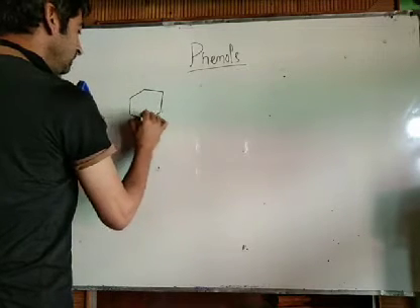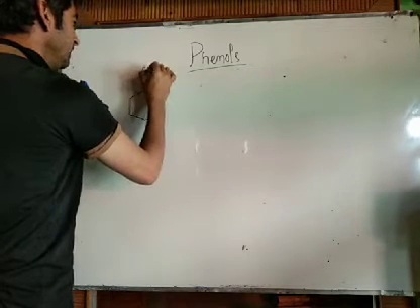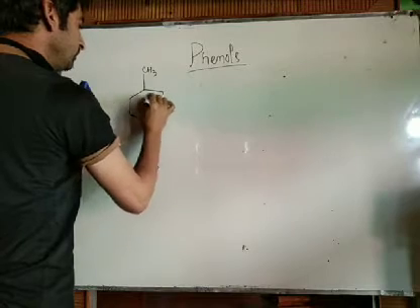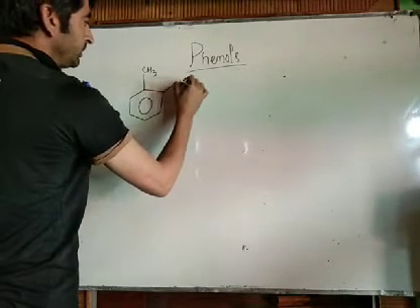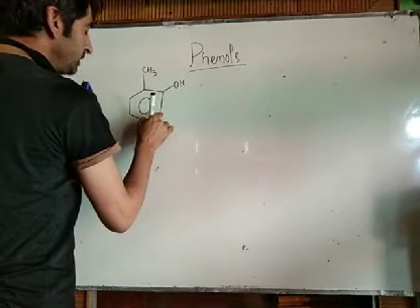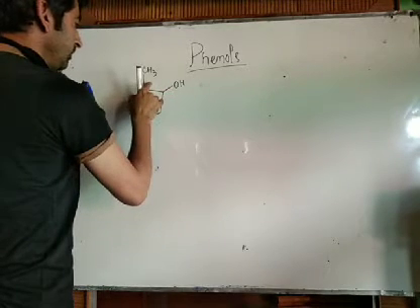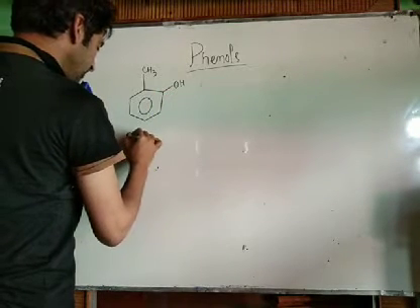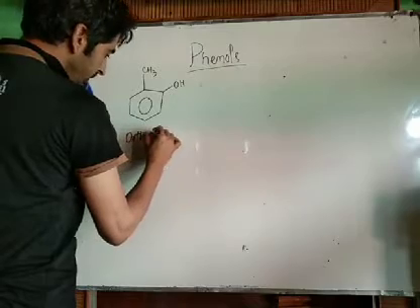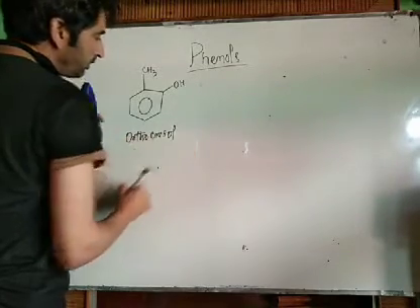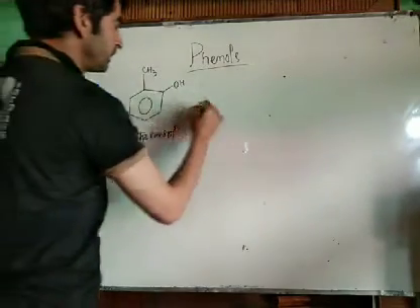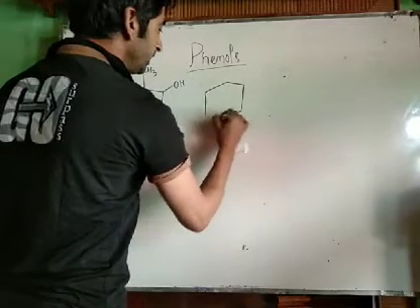Now see this methyl group over here, and to this we have an OH group attached at ortho position. This is ortho position, this is para position, this is meta position. At ortho position we have the hydroxyl group. This is called orthocresol. If the OH group is at meta position, then it's called metacresol.